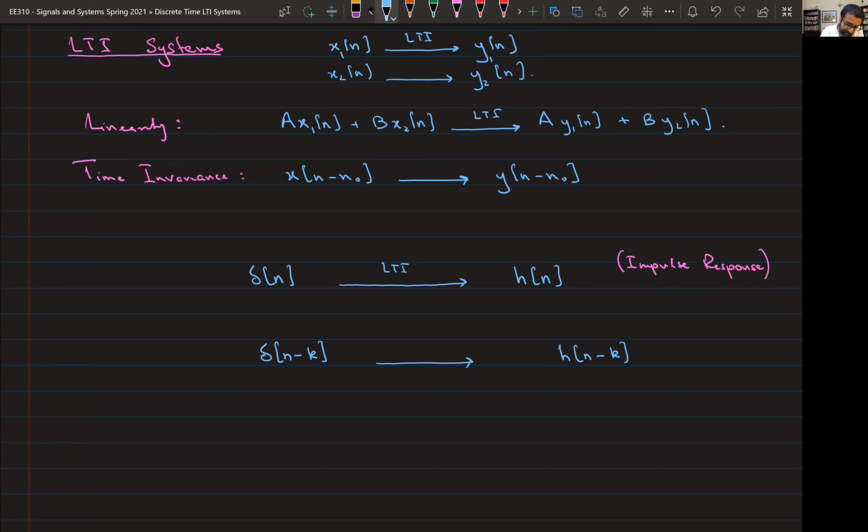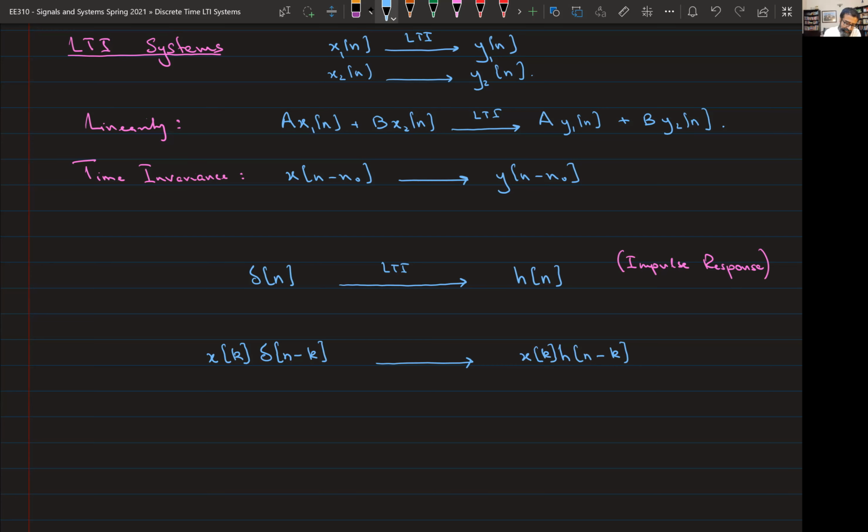If I multiply the input with x of k, remember everything is a signal, and that signal in the independent variable is time n. So k is nothing but a constant. So if I multiply the input by a constant, the output must also be multiplied by the same constant. And that's because of linearity.